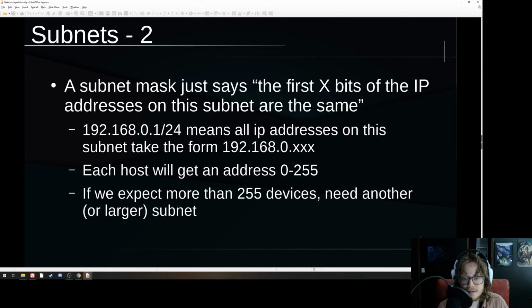Now, if it was 23 instead, then the first 23 bits would be the same. You wouldn't be able to say the third number there, right? So if the first 23 bits are the same, then the third number has which options? What can the third number be?